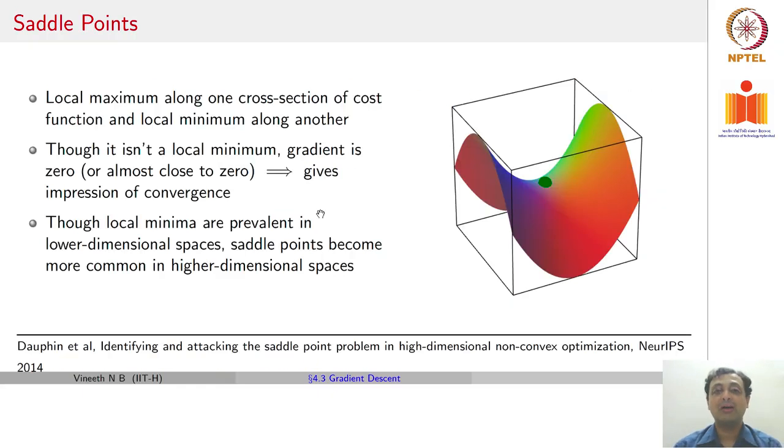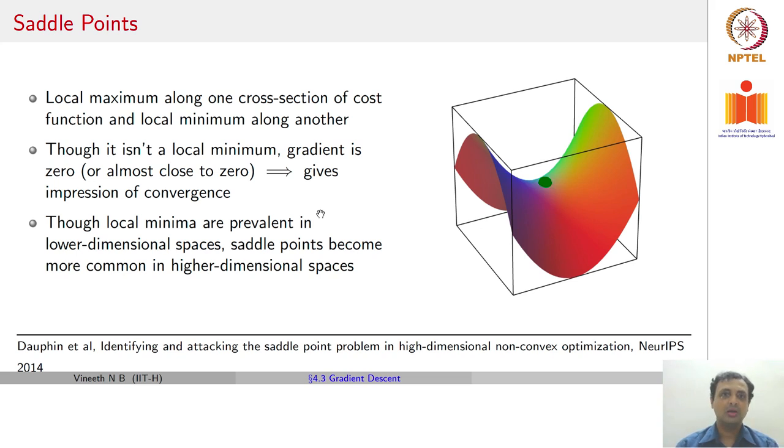Similarly, you could also have what are known as saddle points. Saddle points are, as you all know from high school calculus, critical points again, which means the gradient is 0, but it is minima along a set of dimensions and maxima along another set of dimensions. For us, dimensions in this context are weights.